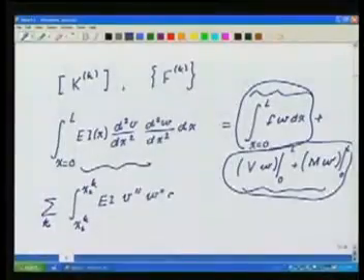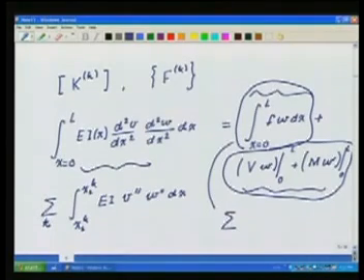This integral can be written in terms of the sum. Similarly, for the load, I can write the sum over the element k of the integral from x1k to x2k of Fw dx.